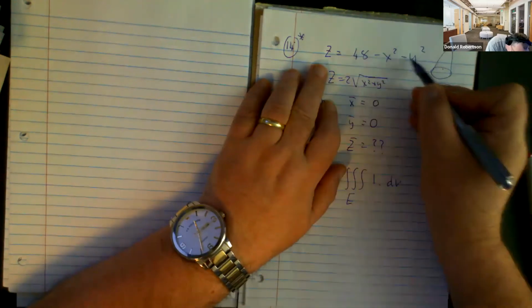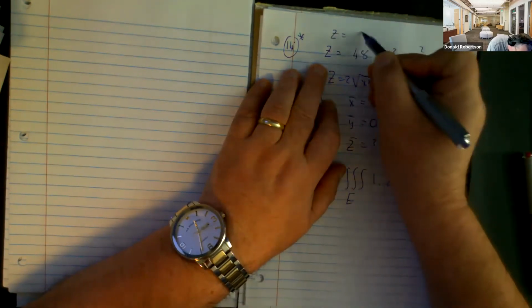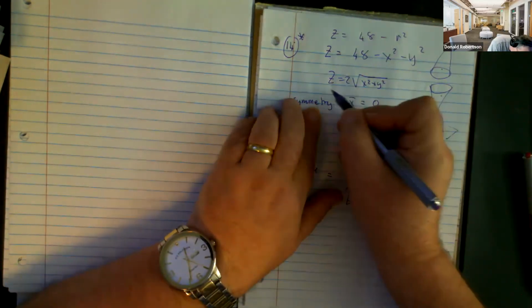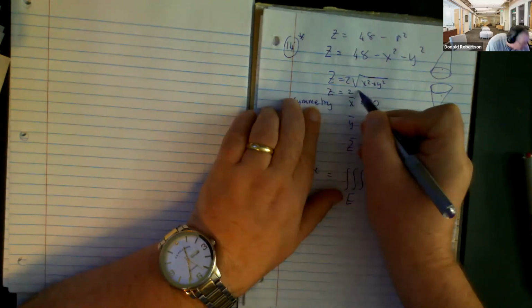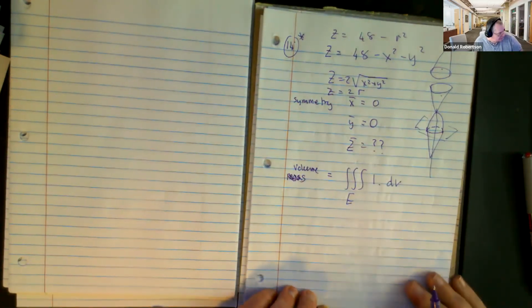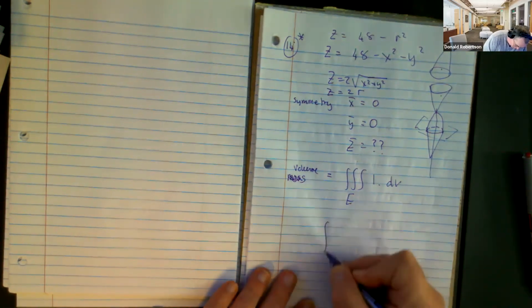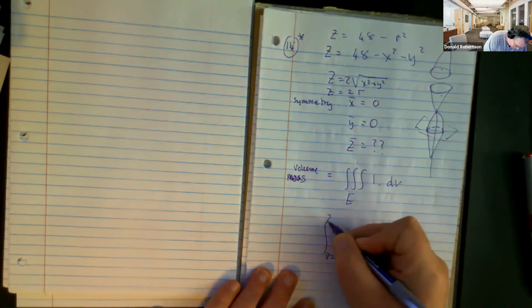If I rearrange this guy, are you comfortable that it ends up being the square root of 48 take away r squared? And if I rearrange this one, are you comfortable it being 2 times r? Are you good with the z's? Right, so I'll do my z's first then. So z equals and z equals.